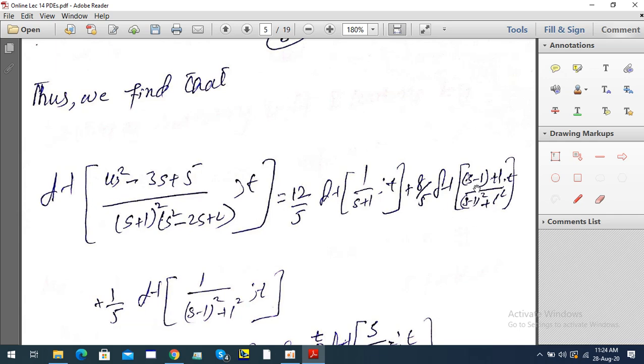You will see why: on the denominator we have s minus 1 squared, so it means that s has been replaced by s minus 1 by the shifting property. If you look back at your shifting property, s has been replaced by s minus 1.